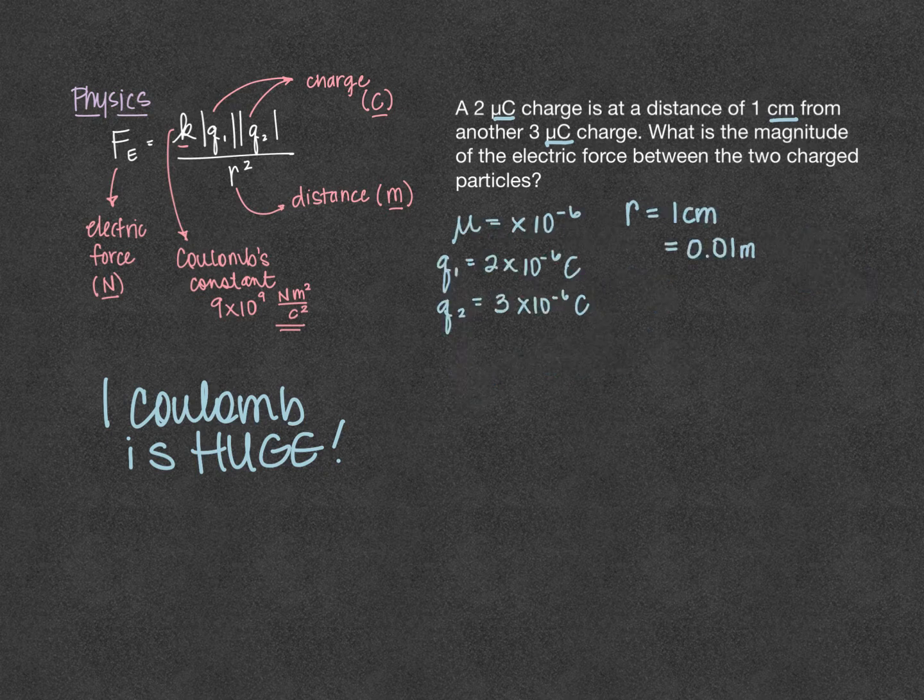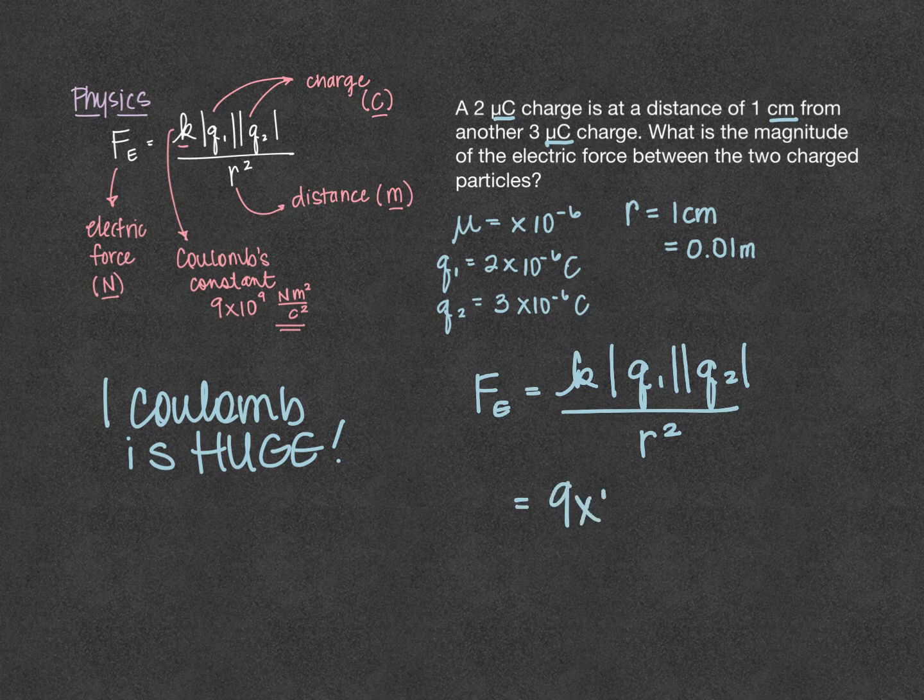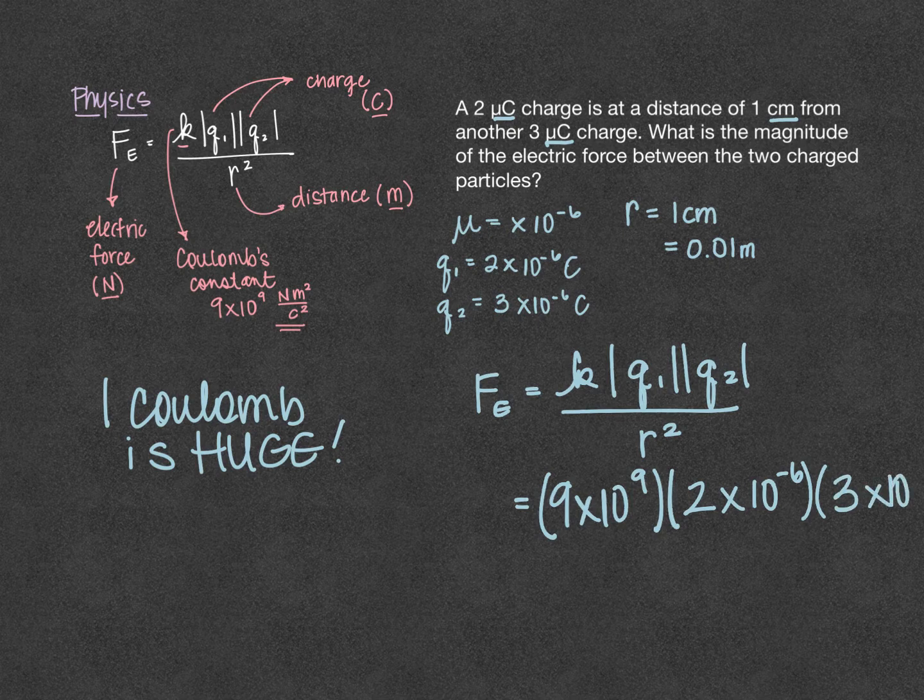So if the electric force is equal to the constant K, absolute value of Q1 times the absolute value of Q2, all over R squared, we can substitute in 9 times 10 to the 9 for K. Now both of these charges are positive, so our absolute value of Q1 times Q2 will just be 2 times 10 to the negative 6 times 3 times 10 to the negative 6.